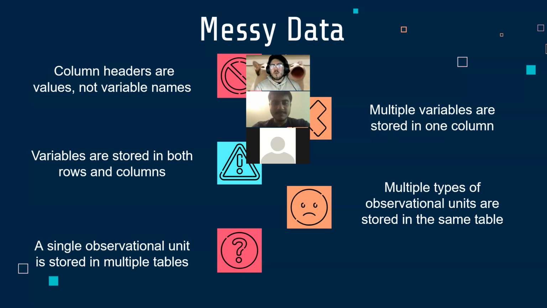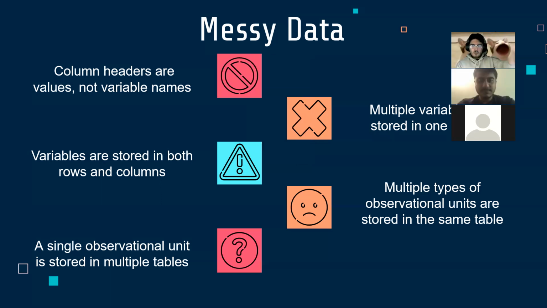Like I said before, we don't want a data set of where I was born and a data set of where I'm currently living in the same table. We wouldn't want that because it would be messy. And now with the last one, a single observational unit is stored in multiple tables.